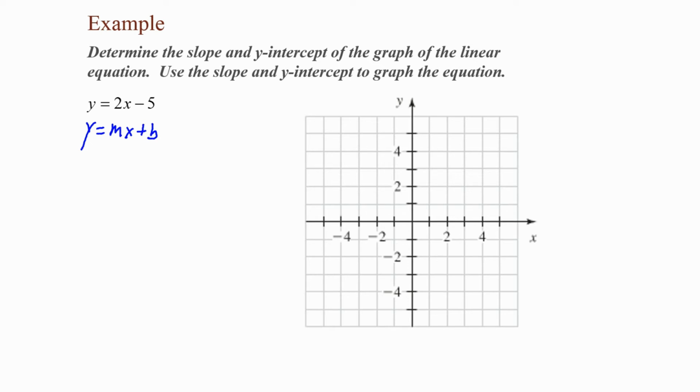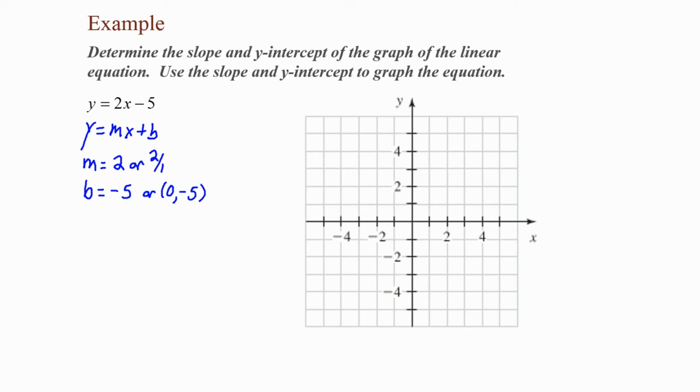Since it is, we can pick out our slope, which is the number in front of x, 2, or we can write it as 2 over 1, which puts it in the rise over run format. Now we want to pick out the b. Since it's plus b, the minus sign stays with the 5, so I can also write my ordered pair (0, -5) as the y-intercept.